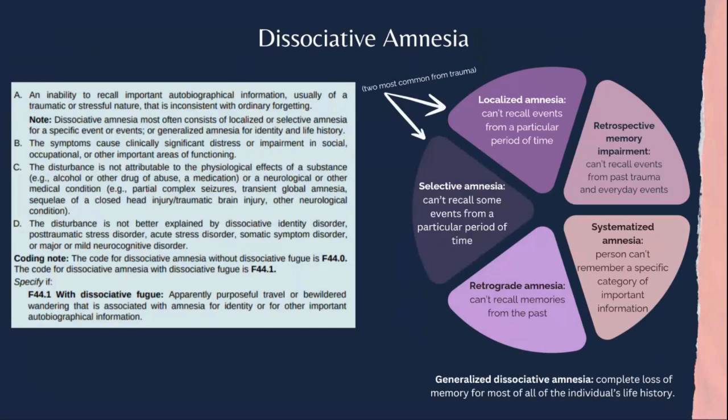So a generalized dissociative amnesia is a complete loss of memory for most of the individual's life history. Like they just don't remember because they're offline. Sorry, zooming out, what we know is that the brain, in trying to process information of the trauma, will do one or both of these aspects where it will forget key important aspects of this traumatic event, or it will replay aspects of the traumatic event over and over again.